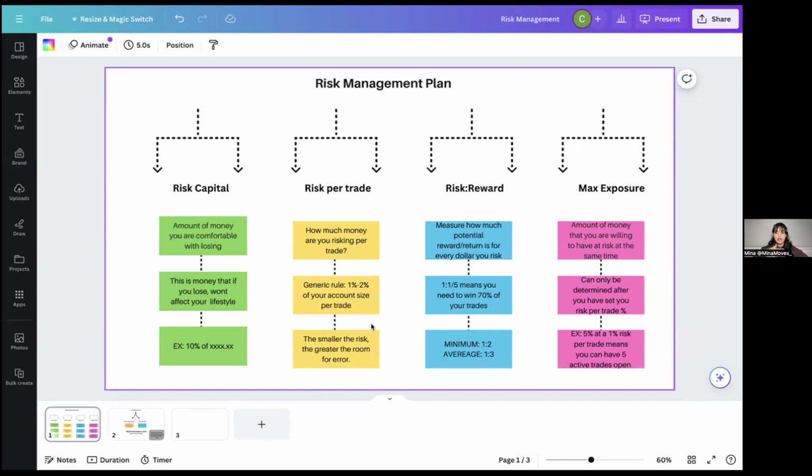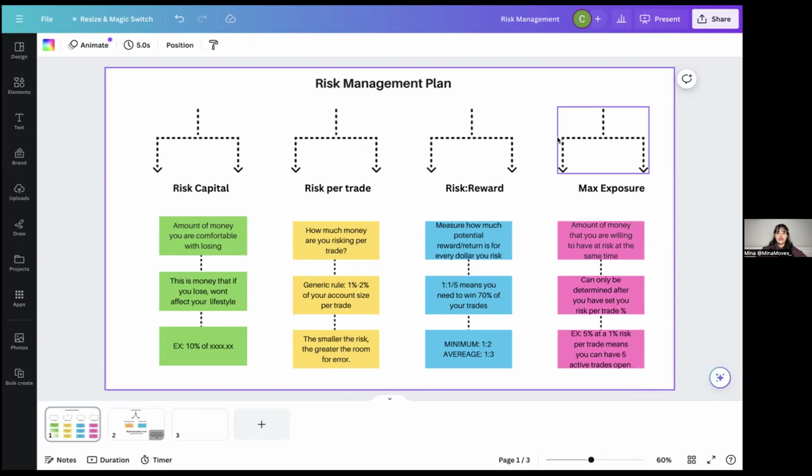So if you're risking 0.5% or 0.1%, you can literally take 100 trades and you would have to tank every single one of those trades back to back to back to back to blow your account. Okay, so for my beginner traders, 0.5 to 1% is a good starting point. When you start to get comfortable, up it to 1%. After you get real comfortable, you can up it to 2%.